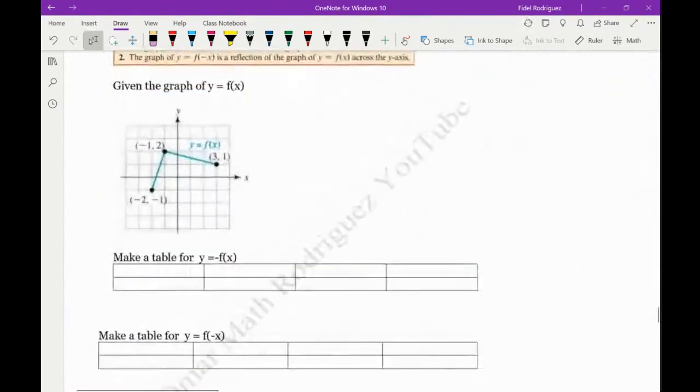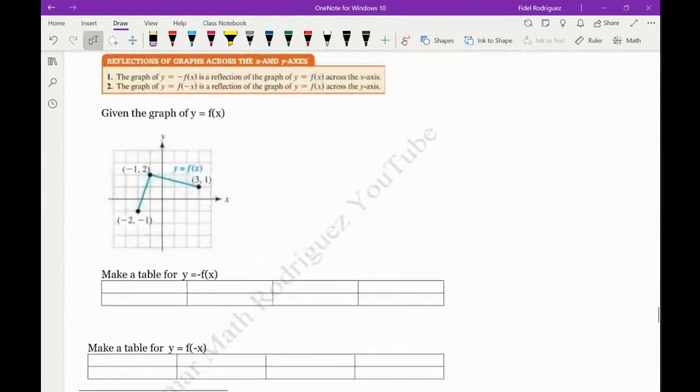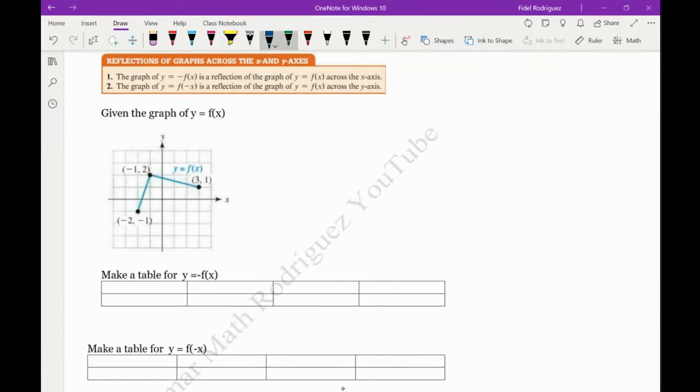All right. And I'm going to show you how we're going to do this one. So now, the next thing we're talking about are these things called reflections across the x-axis and reflections across the y-axis, okay? So, let me grab my pen, and I'm going to look at this piece right here.